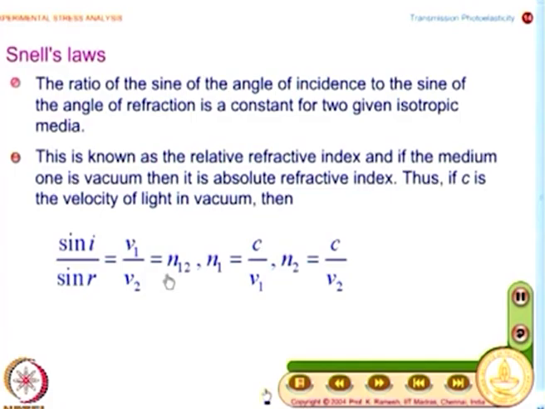And what we look at specially here is, I see this sin i by sin r as ratio of velocities v1 and v2. So, what does this say? When I look at this as ratio of velocity, what do you infer from this? We all know the velocity of light in vacuum is c.